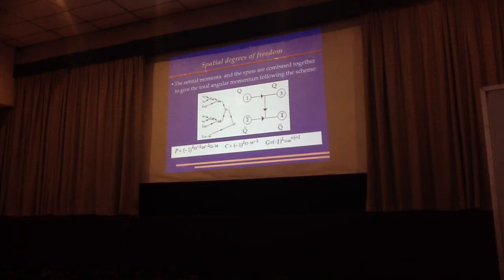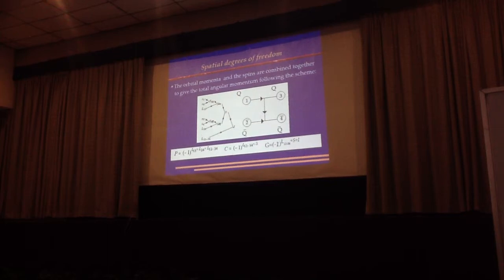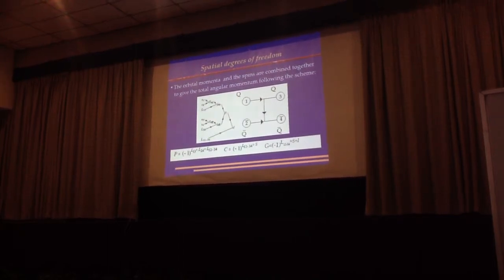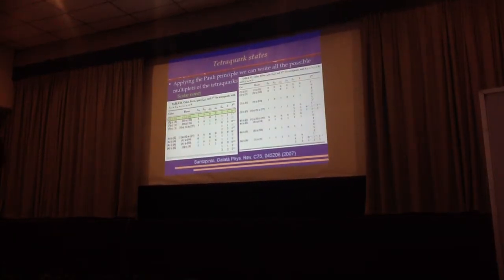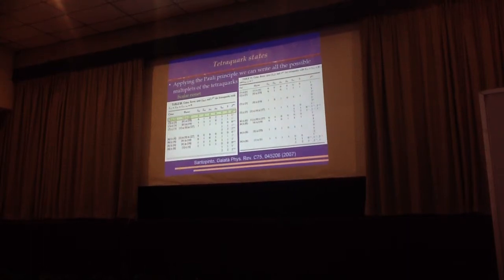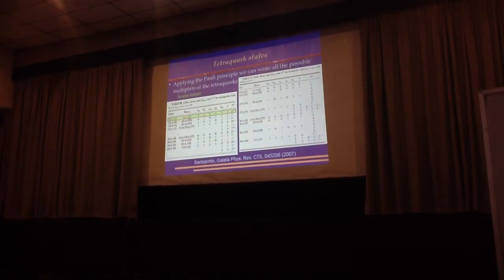The difference is that we have three different relative orbital angular momenta, and here we have this S that is not a spin but a combination of various angular momenta. So then we apply the Pauli principle. We put together the spatial part and the intrinsic degrees of freedom, and so we can construct all the states.